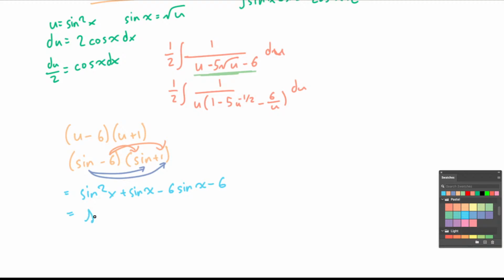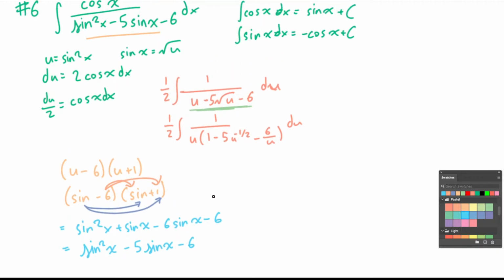And this leaves you with sine squared x minus 5 sine x minus 6. Great. So now we rewrite the equation to be cosine x over sine x minus 6 times sine x plus 1 dx.